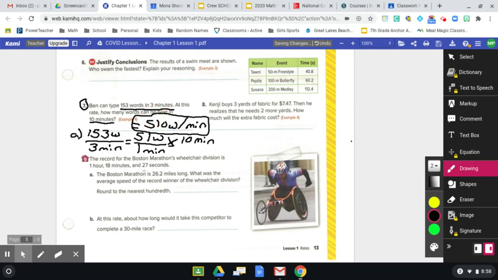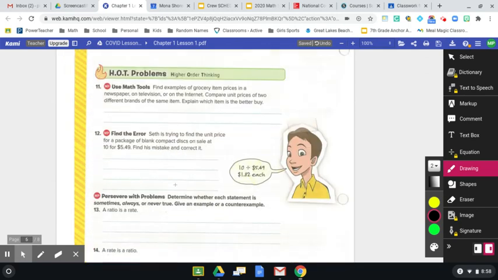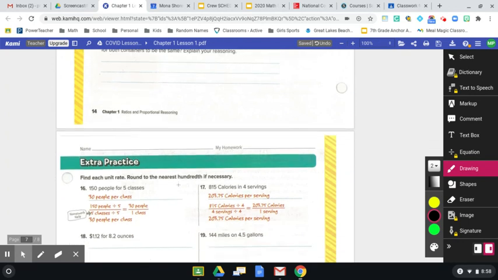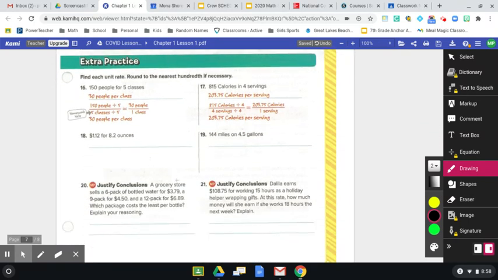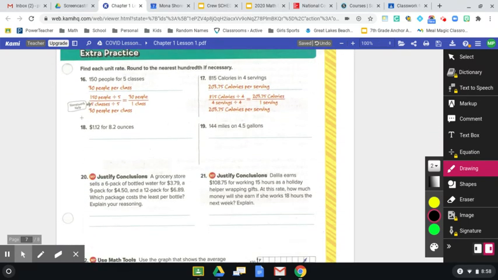Okay, so at this point, I'm going to stop again, and I'm going to have you try some problems based on the examples we've done. So now we're going to go to the extra practice. So you're going to go to page 15. And on page 15, you're going to try 18, 19, and 20.